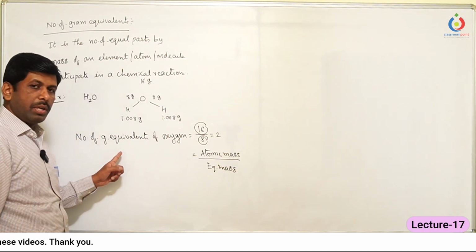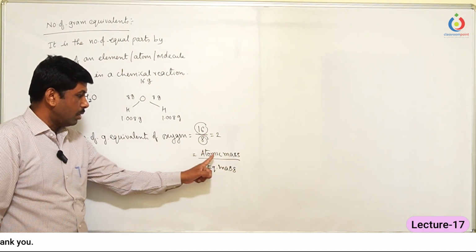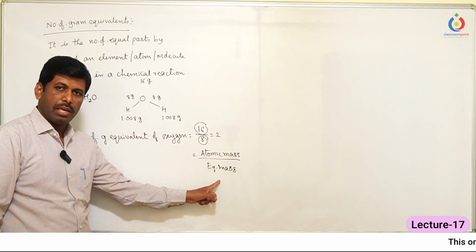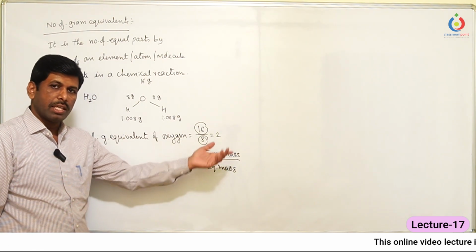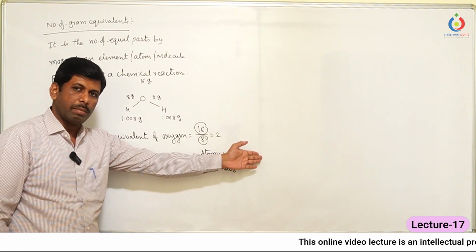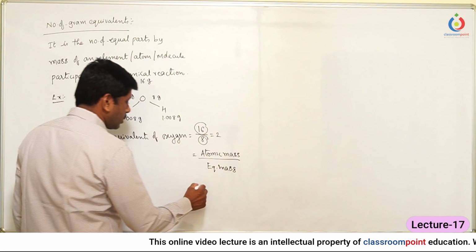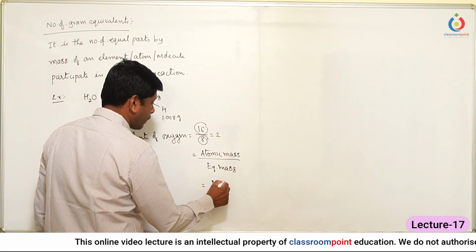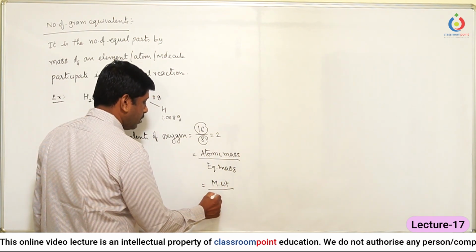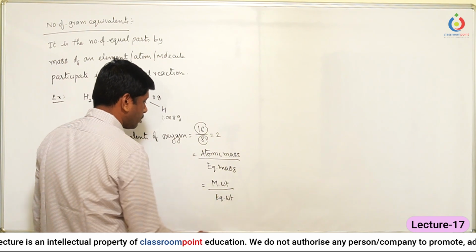So the number of gram equivalents formula is equal to atomic mass divided by equivalent mass. In the case of molecules, we have to take the molecular mass divided by their equivalent mass, that is, the molecular weight divided by their equivalent weight.